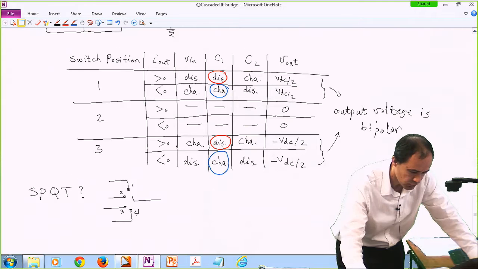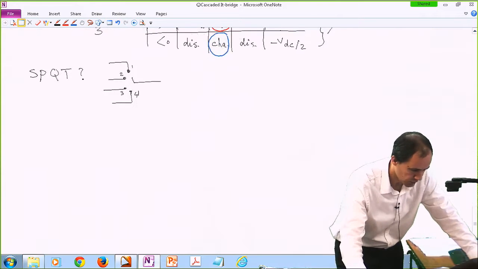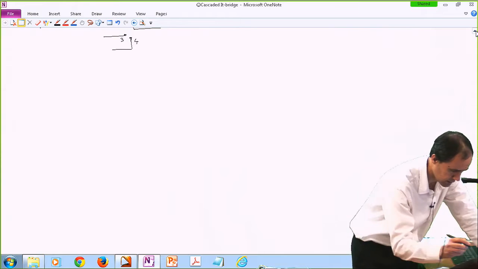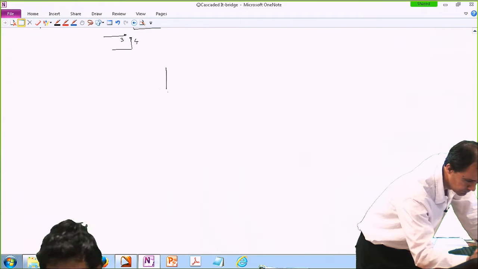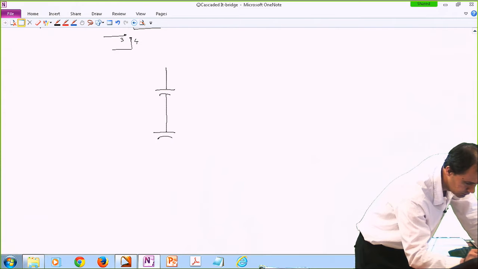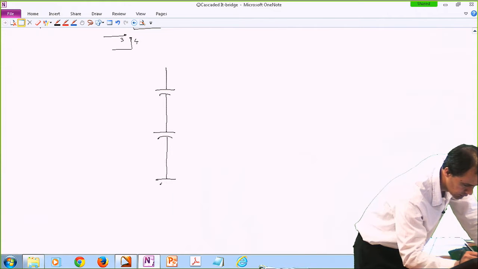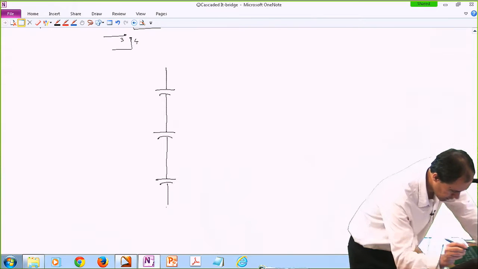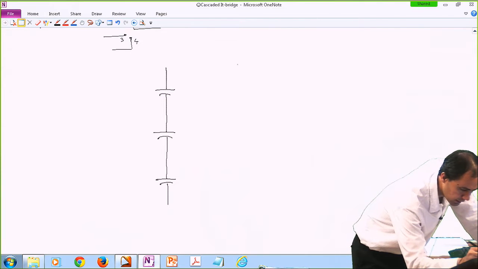So let me just draw, assuming that we have only one source and three large capacitors. So this is 1, this is 2, and there is the third one. Maybe I should have drawn the capacitors at the end.